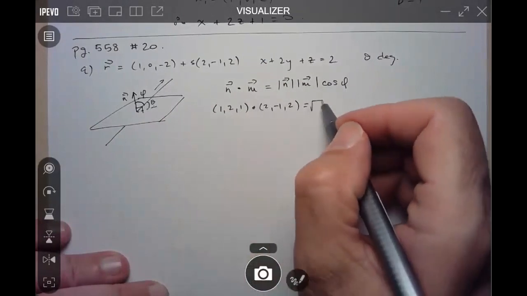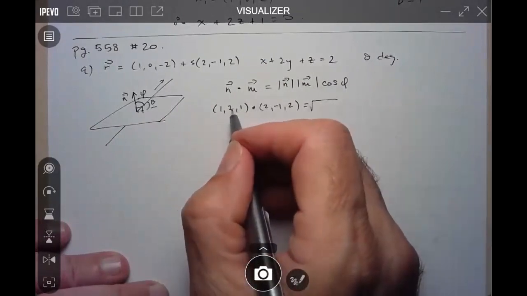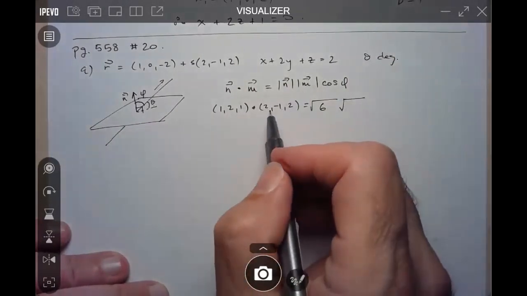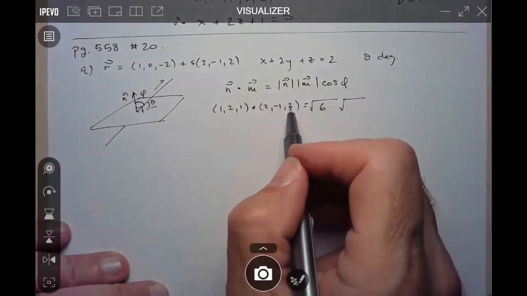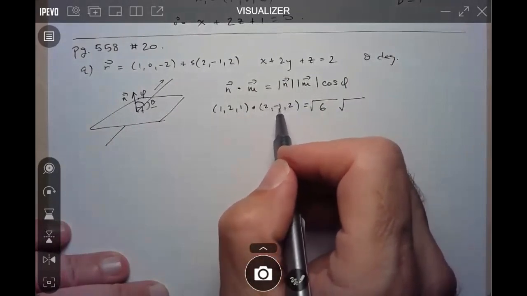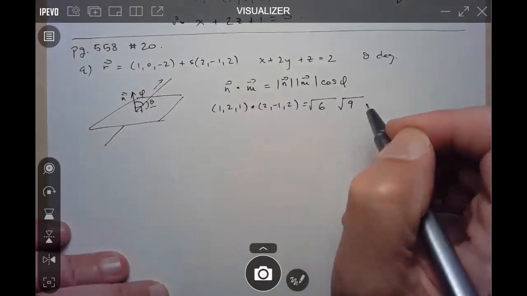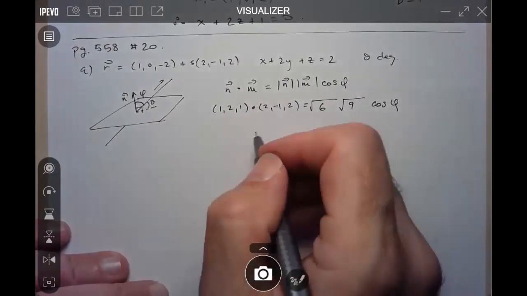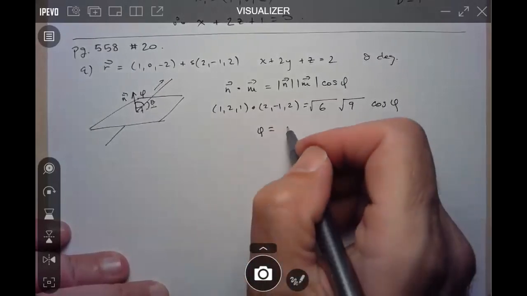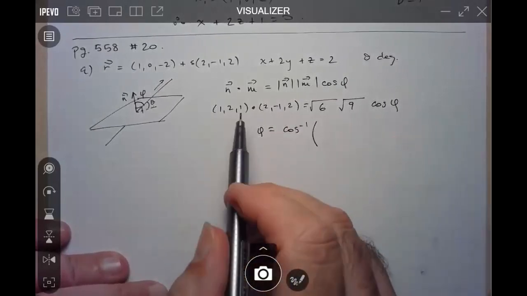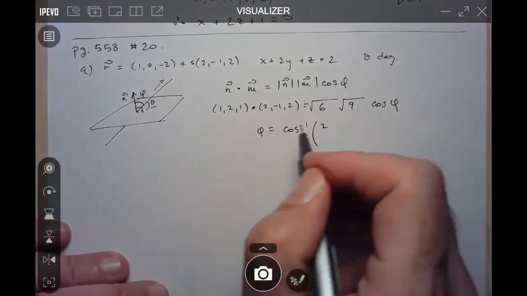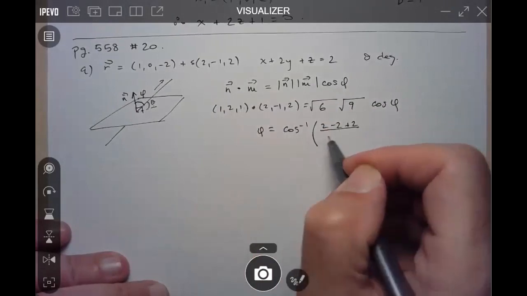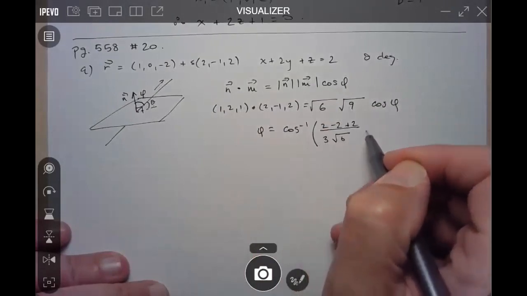What is the magnitude of n? So square root of 1 plus 4 is 5 plus 1 is 6, so square root of 6, times, let's find the magnitude of this here. 2 squared is 4 plus 4 is 8 plus -1 squared is 1, 9. So that'll just be 3 times cosine of phi. So phi is going to be equal to cos inverse of 2 minus 2 plus 2 over 3 square root of 6.